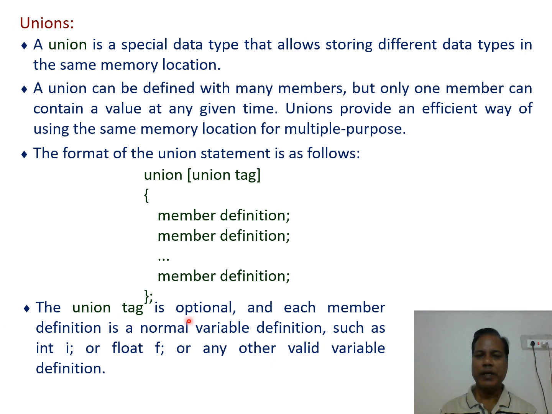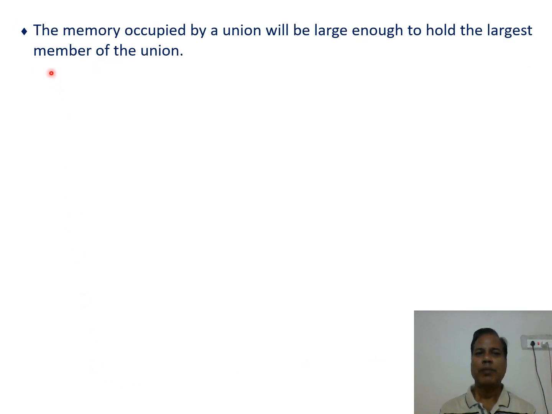The union tag is optional and each member definition is a normal variable definition such as int i or float f or any other valid variable definition. The memory occupied by a union will be large enough to hold the largest member of the union.